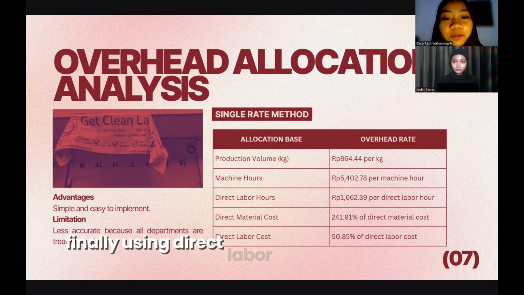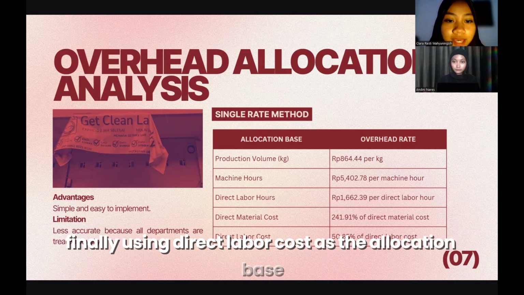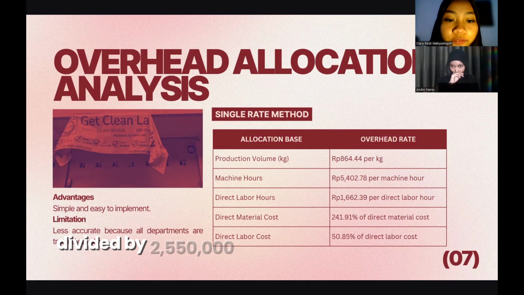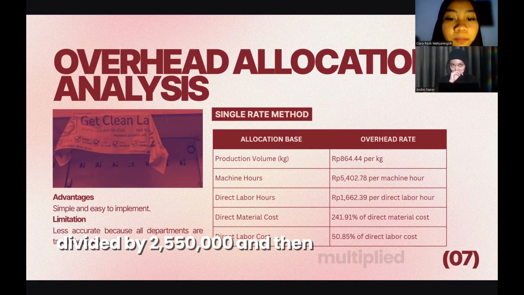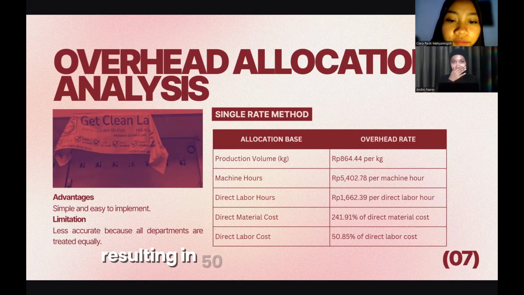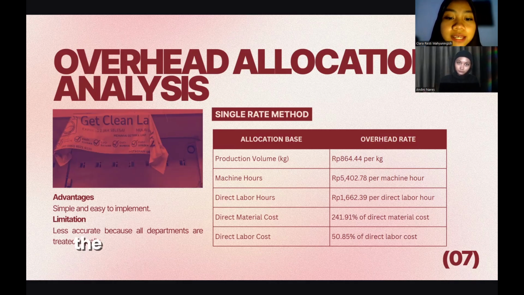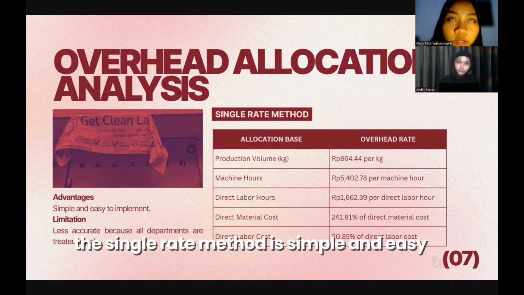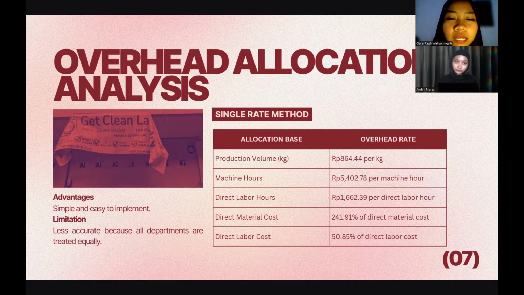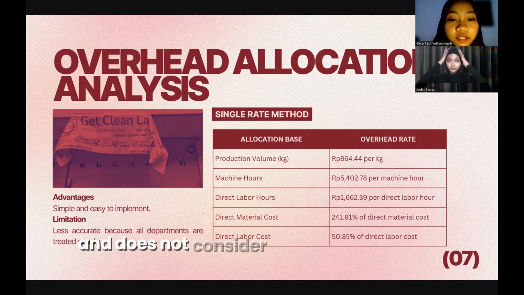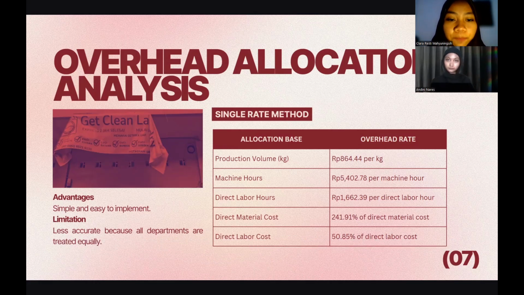Finally, using direct labor cost as the allocation base, the overhead is divided by 2,550,000 and then multiplied by 100%, resulting in 50.85% of direct labor cost. Overall, the single rate method is simple and easy to apply, but it allocates overhead using only one allocation base and does not consider differences between departments.